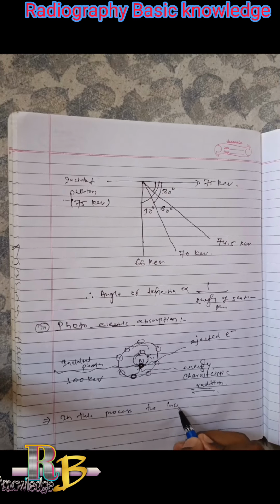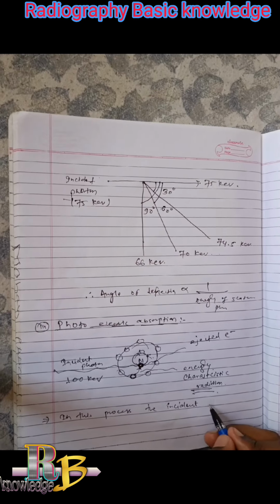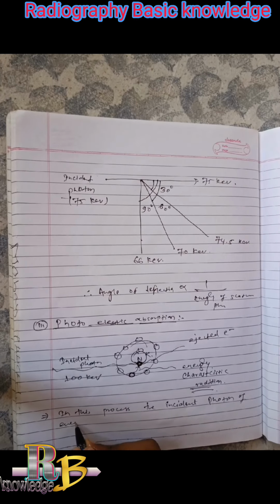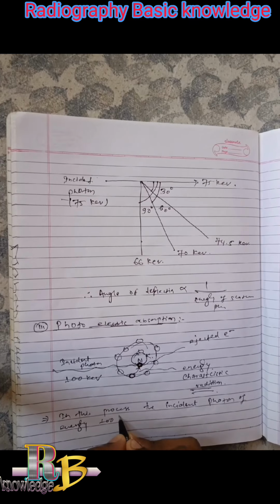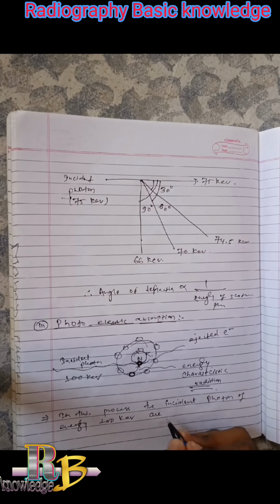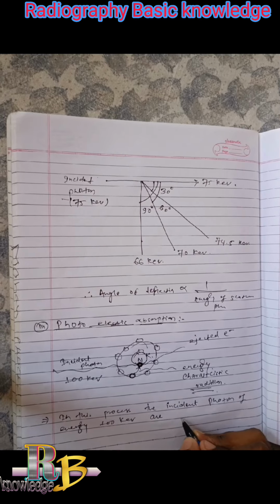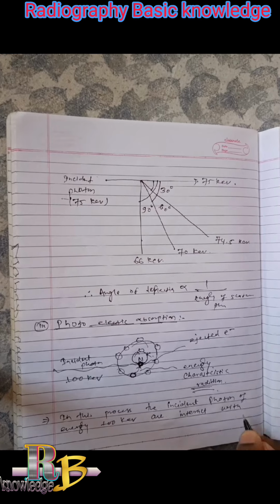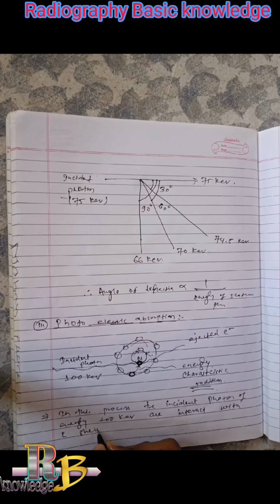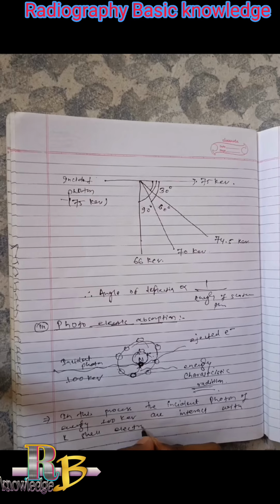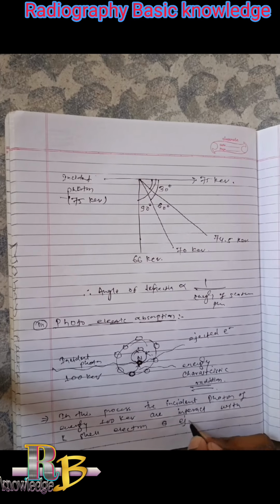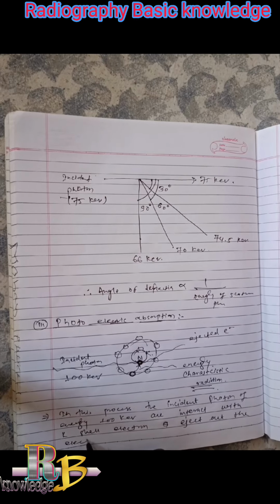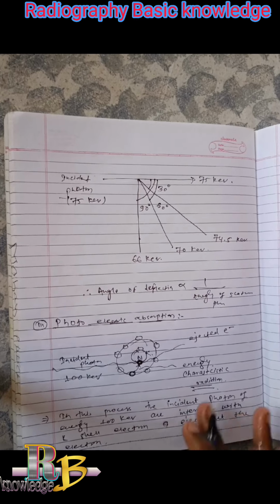In this process, the incident photon of energy 100 kilo electron volt interacts with the K shell electron and ejects the electron.